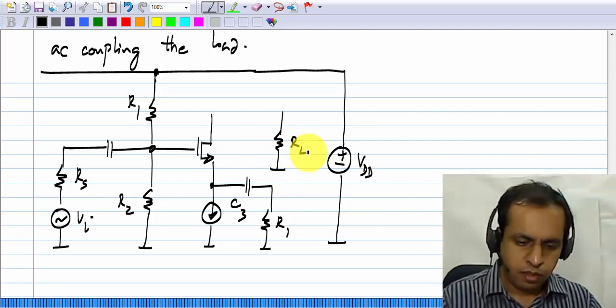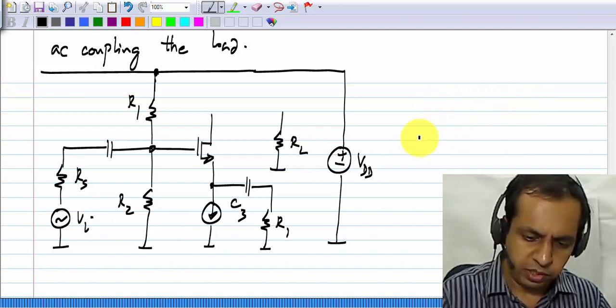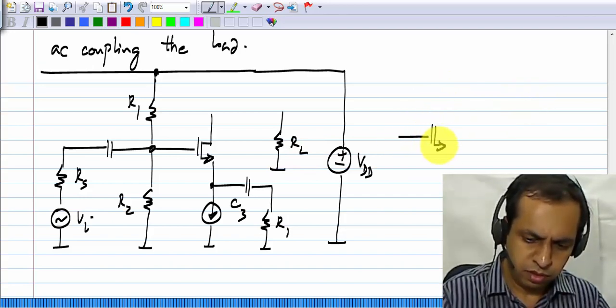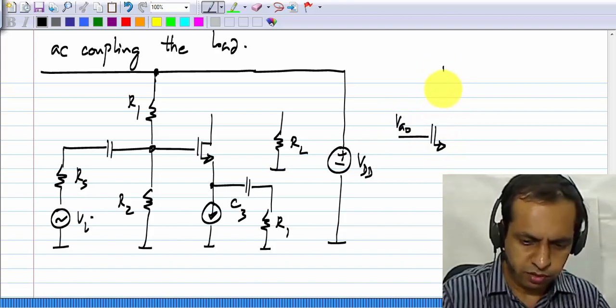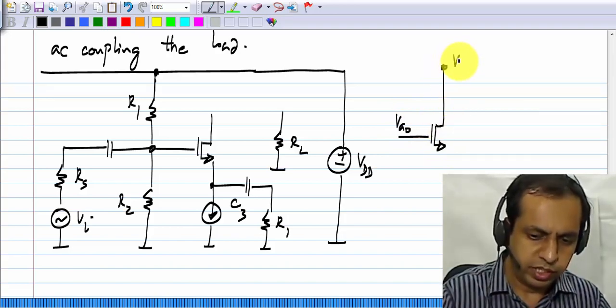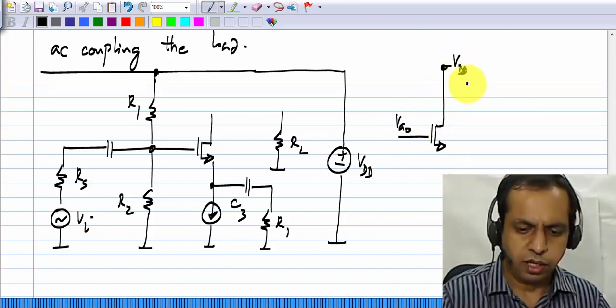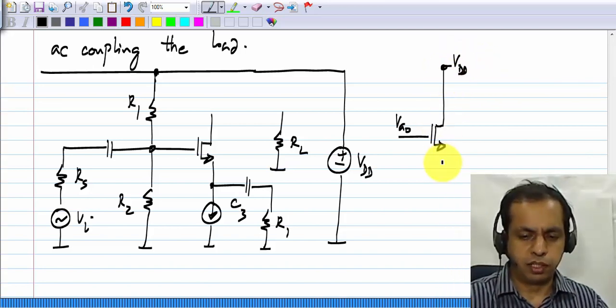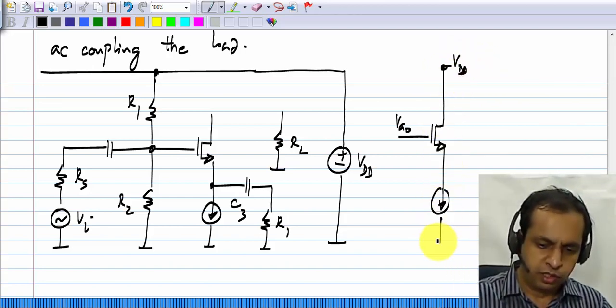Okay. Now in the biasing picture, gate is connected to VG0 and the drain is connected to VDD. Okay. In general, it has to be connected to some point such that it remains in saturation region.